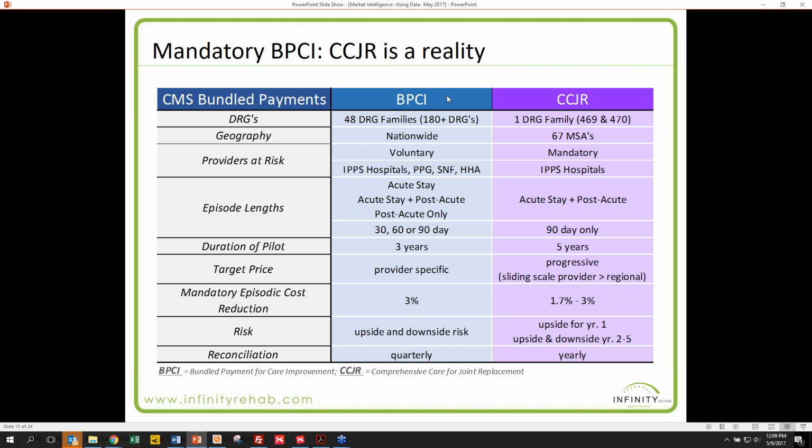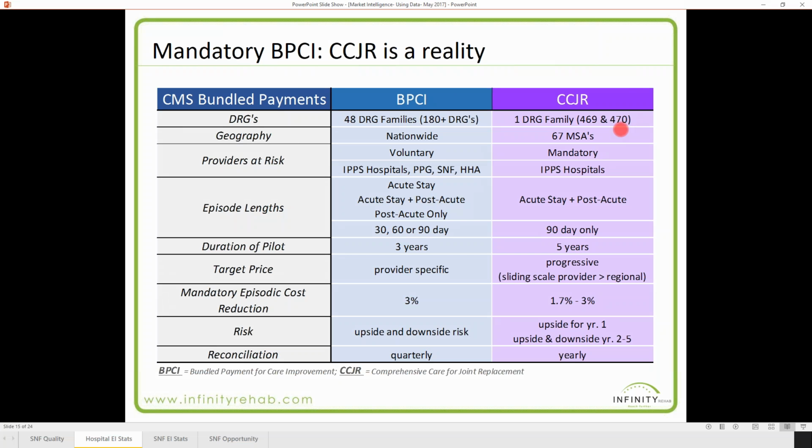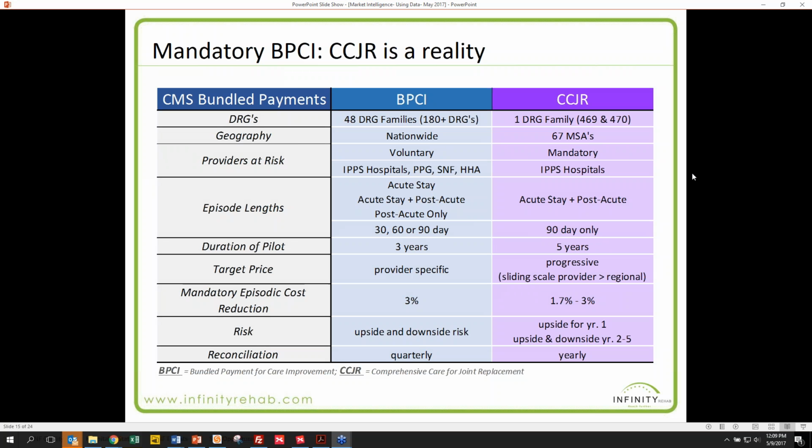Bundle payment has been around for quite a while. In 2015, there was a wave of bundle payment, and here are the specifics of that. The cost savings have been so promising for Medicare that they then moved to a mandatory bundle, CCJR. Of course, now we just call it CJR. And you may or may not be in a market that's impacted by that.